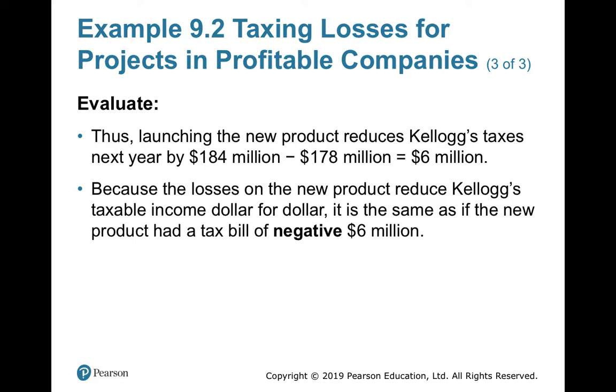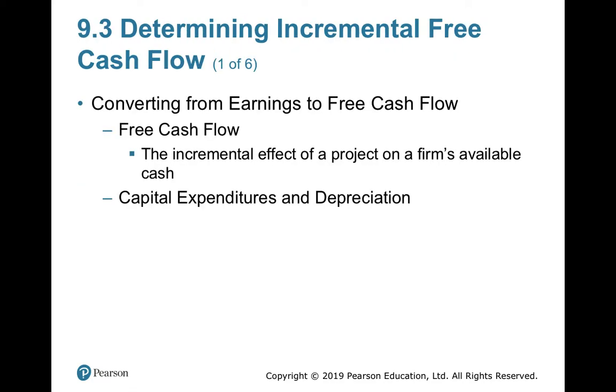This 6 million will be adjusted with the pre-tax loss of the first year of the new product, that is 15 million. 15 million is the expected loss minus 6 million tax saving. So the actual loss to the company will be 9 million. Like this, we have to make the adjustment of tax saving because of any new product and its expenditure, how the tax is being reduced.